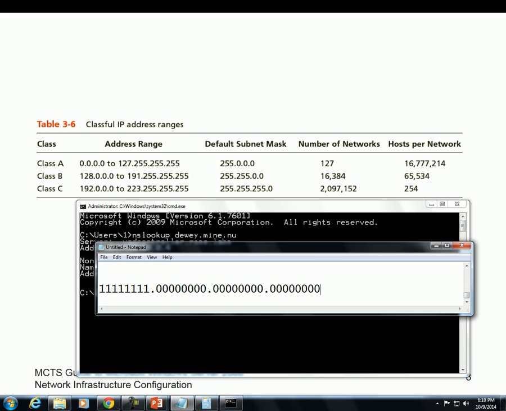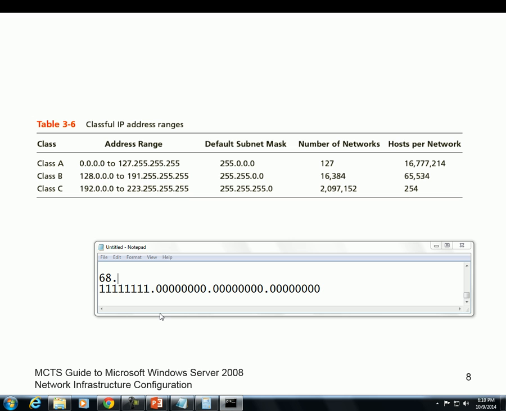So if my number at my house is 68.229 and so on and so forth, which network am I on? The ones represent the network, and the zeros represent the host.